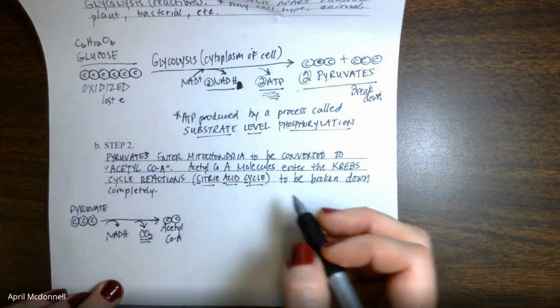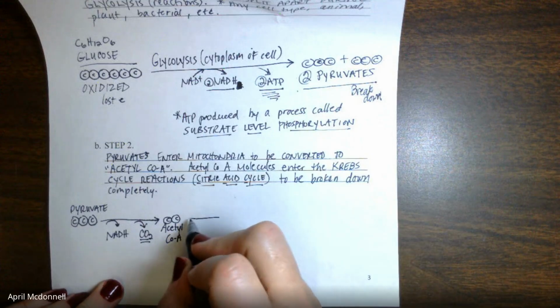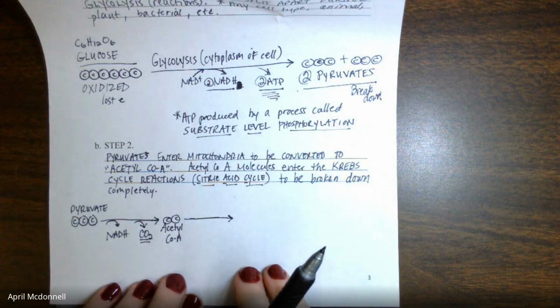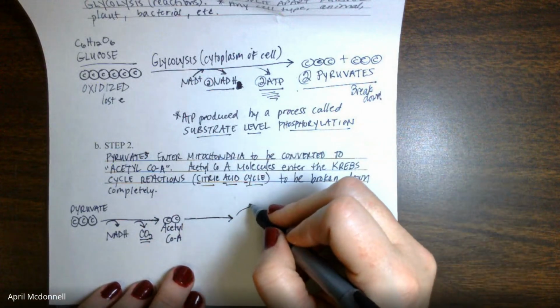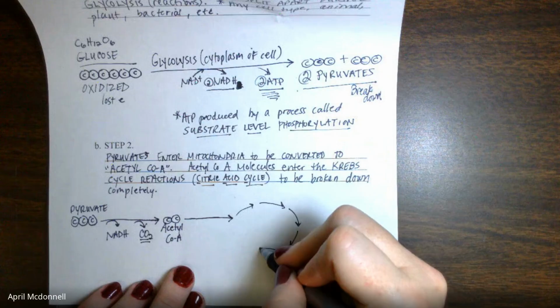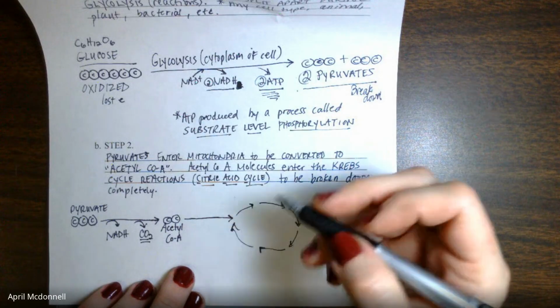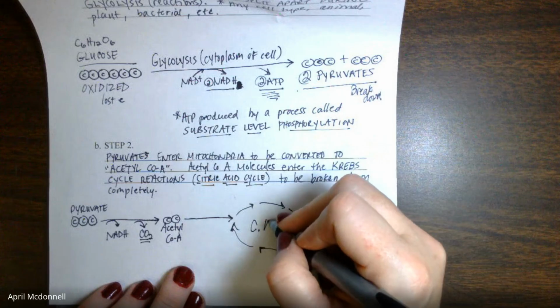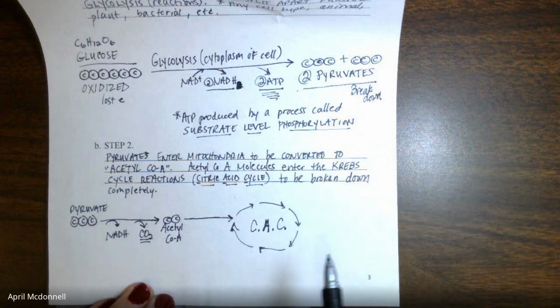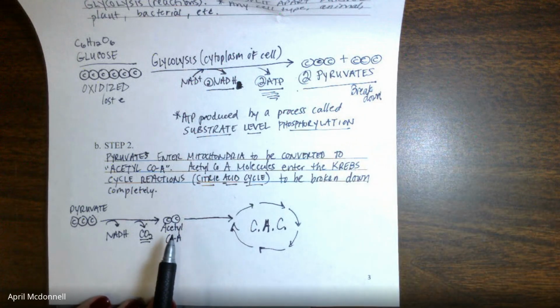The acetyl-CoA will then enter a cycle of reactions called the citric acid cycle. The goal of the citric acid cycle is to take the acetyl-CoA and break it down completely to get all of the energy out of it.